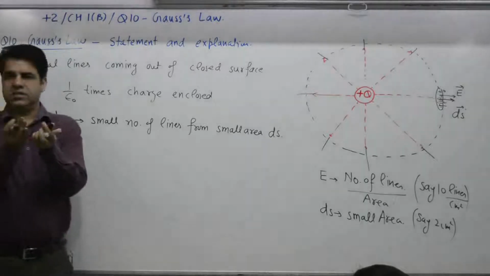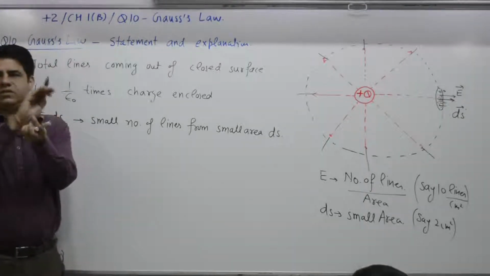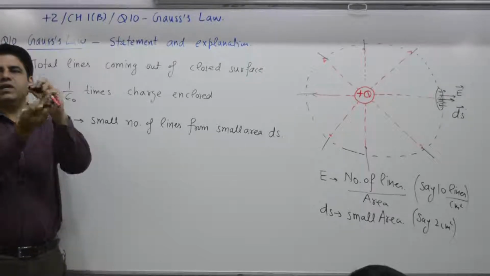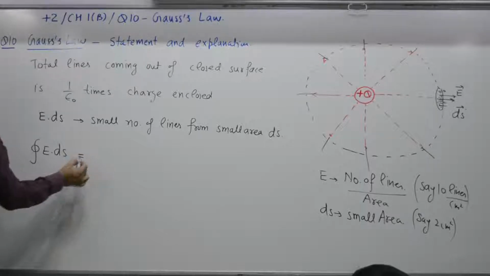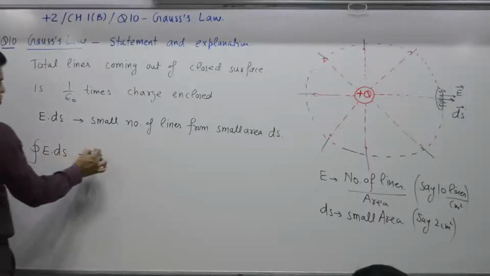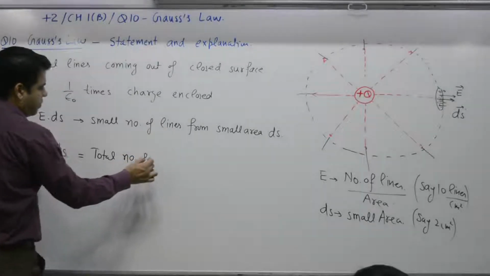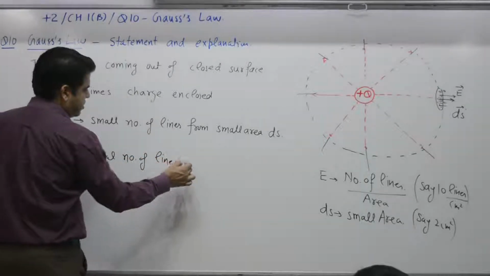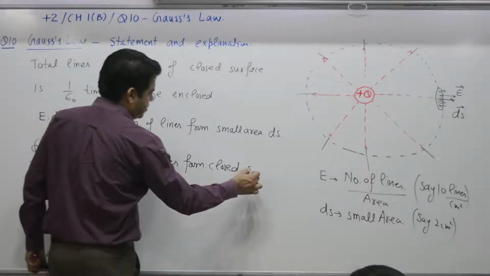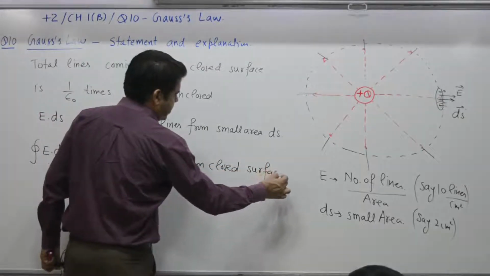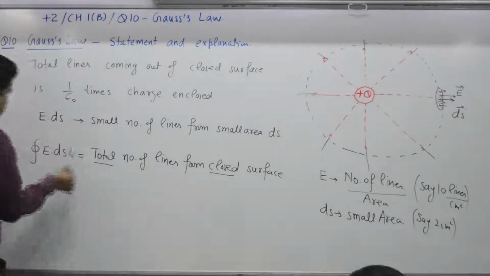Closed surface. A football is a closed surface. A table tennis ball is a closed surface. It is equal to what? It represents the total number of lines from the closed surface. I repeat, total and closed.